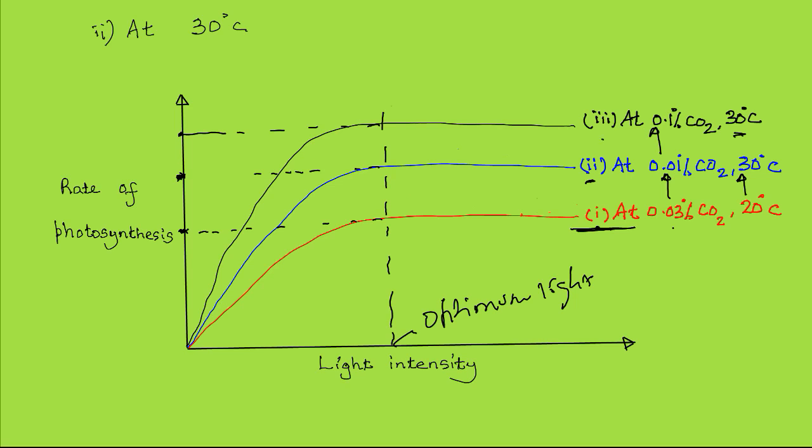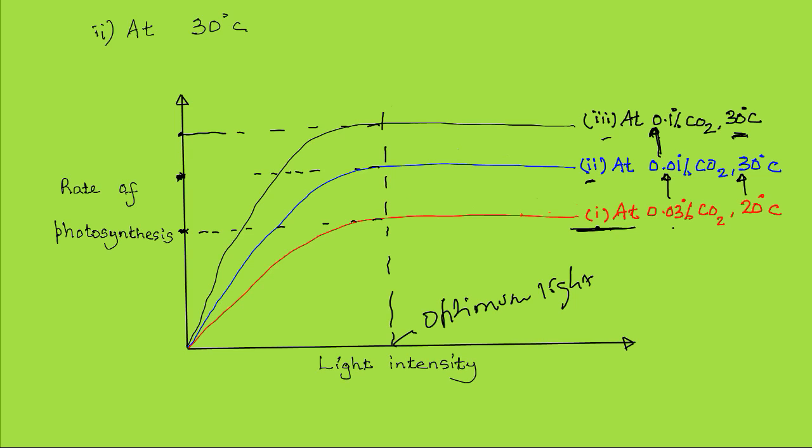Now in curve 3, when the CO2 is increased further from 0.01 to 0.1 and the temperature is constant, the rate will also increase. So we can see that by increasing the level of the factor that is at its lowest point, we will influence the photosynthesis process by also increasing its rate.